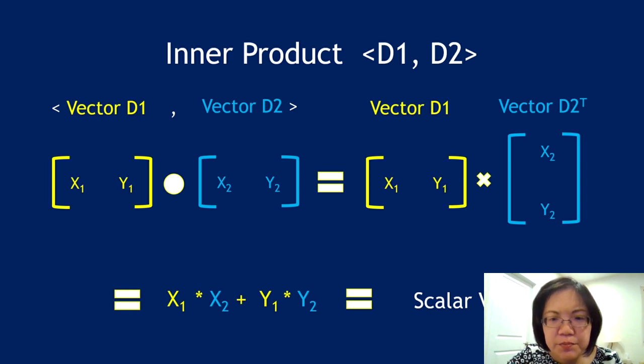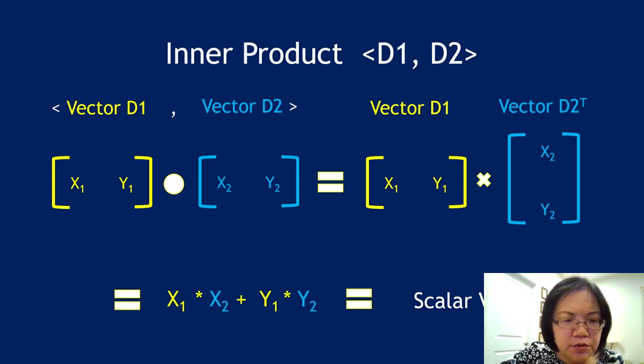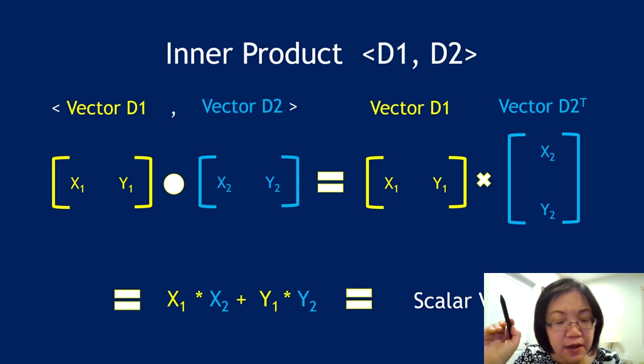We multiply x1 with x2, and then we multiply y1 with y2. We add them together, and you will get a scalar value. That's the result, and that represents the size of the inner product between D1 and D2.